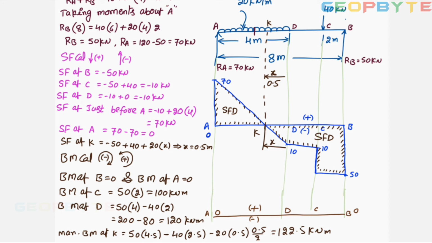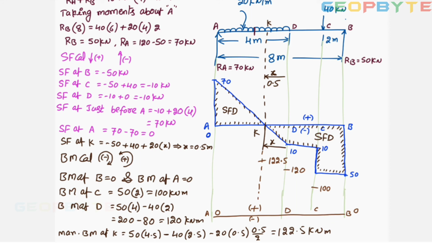Bending moment at C equals plus 100. Bending moment at D equals 120. Maximum bending moment at K equals 122.5.